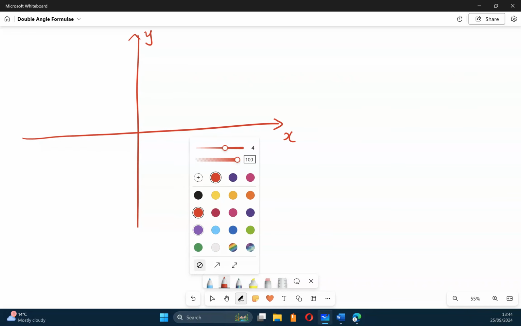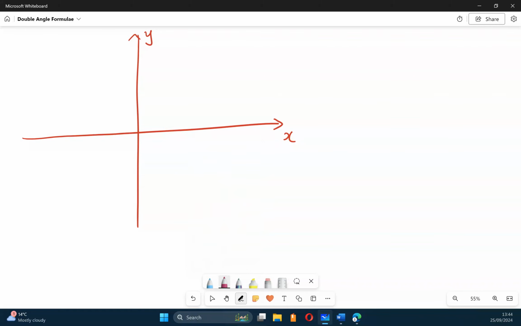And then I'm going to draw another set of axes for x prime and y prime. So these are two axes which are related to x and y, but all we've done is we've rotated by an angle alpha to get from one to the other.